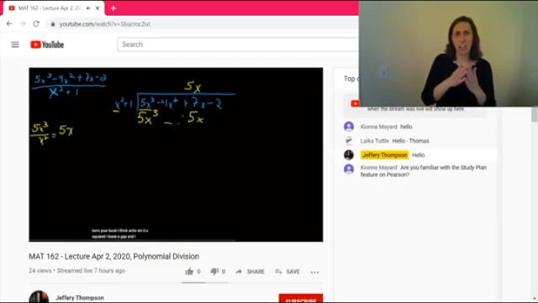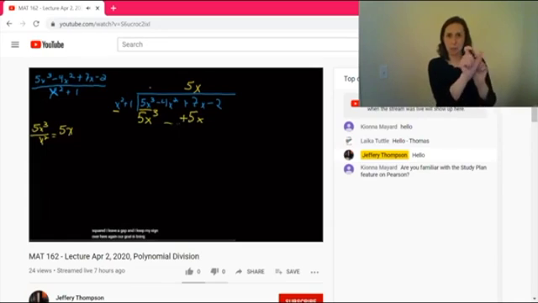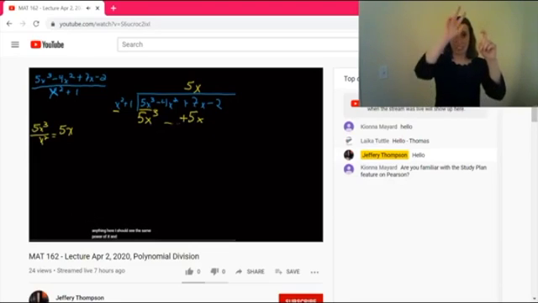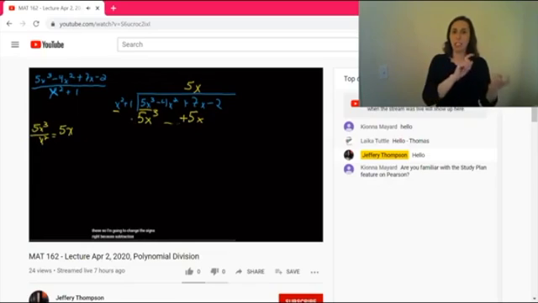I leave a gap, and I keep my sign over here. Again, our goal is lining up by powers of x. So if I look up from anything here, I should see the same power of x. And so I want to subtract these, so I'm going to change the signs, right? Because subtraction is a change of sign. And so this becomes negative also.